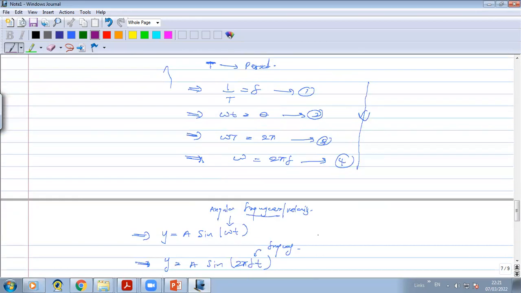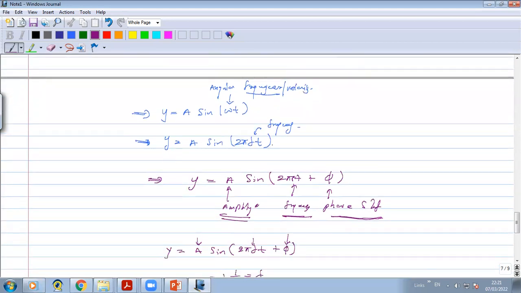So you can see that if this f is low, that means the circle is rotating very slowly like this.